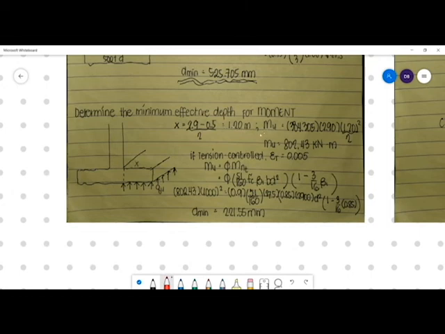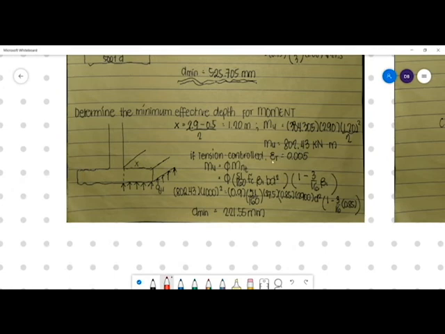Our Mu is equal to Qu, which is 384.305 multiplied by 2.90 times 1.20 squared over 2. So that is WL squared over 2 from your theory of structures. We are able to know that Mu is equal to 802.43 kilonewton per meter.